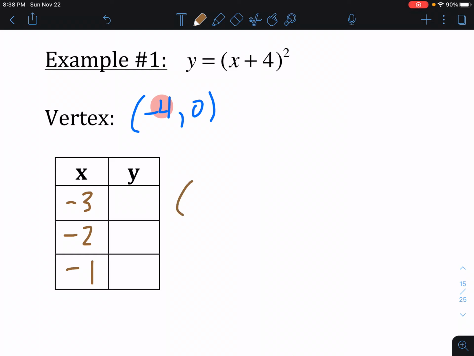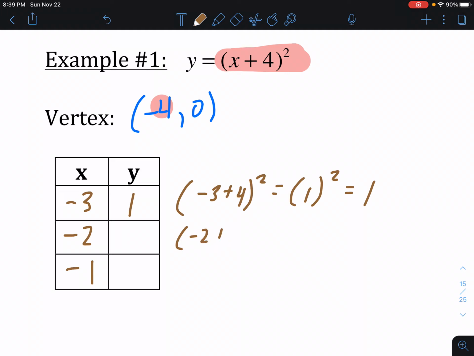I'm going to take my formula here and use it below. Negative 3 goes in for the x, so I'll add in the parentheses. So always do parentheses first, then the squared. So that's 1. Now plugging the negative 2 in for the x.